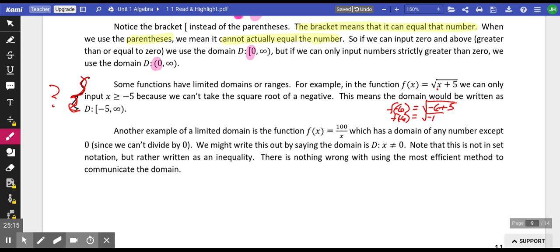So what's the square root of negative 1? In other words, what number times itself gets me a negative 1? Well, there's not one. So that's not possible. Any number that's lower than negative 5, like negative 7 or negative 8 or negative 9, would also give me a negative number, and I can't take the square root of a negative number. And that's what this is saying for us right there.